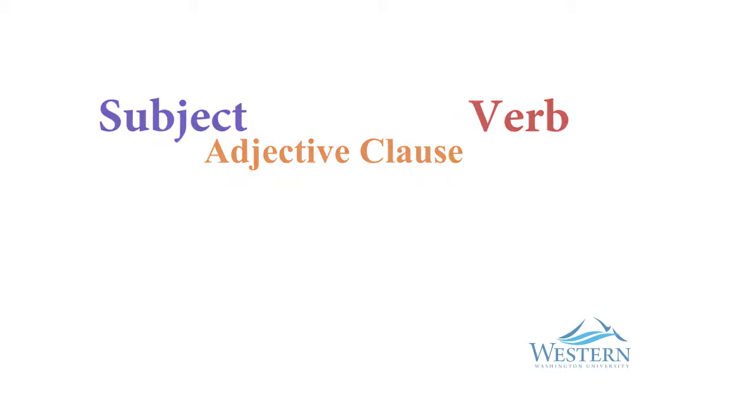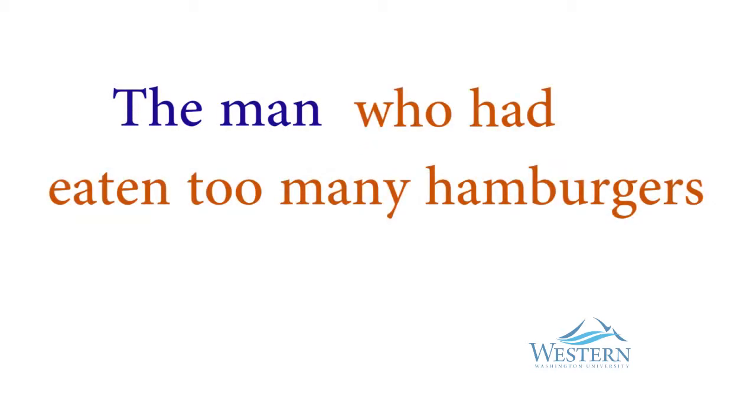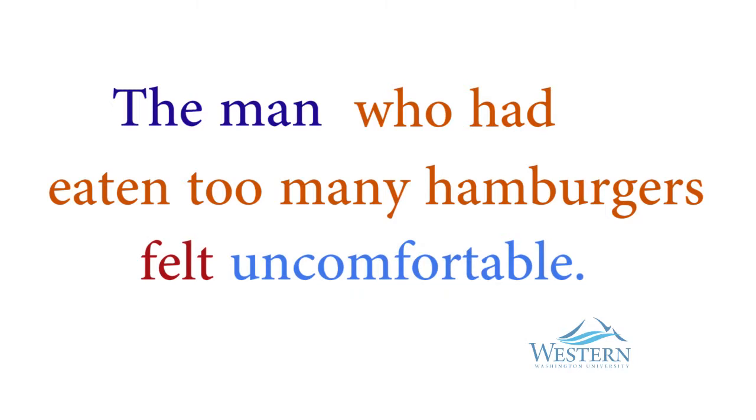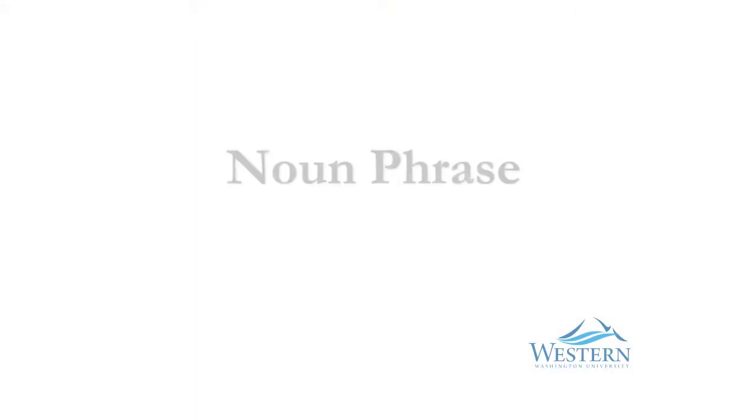So for example, you could make a sentence like, the man who had eaten too many hamburgers felt uncomfortable. So who had eaten too many hamburgers, that's called an adjective clause. And it's telling information about the man. So we know a lot more about the man by using that adjective clause than we would if we left it out and we just said, the man looked uncomfortable.